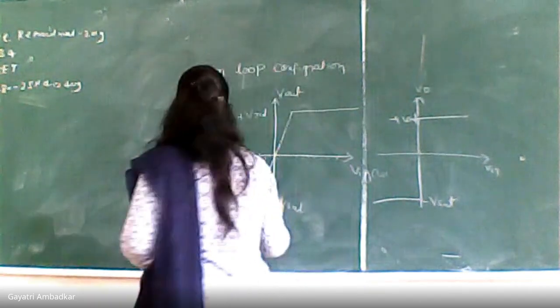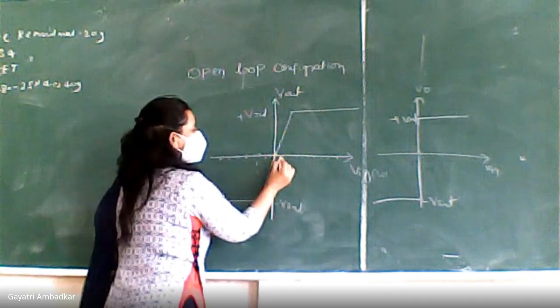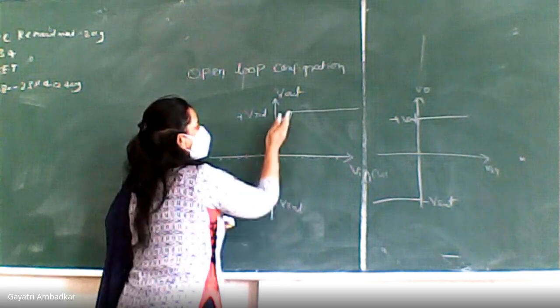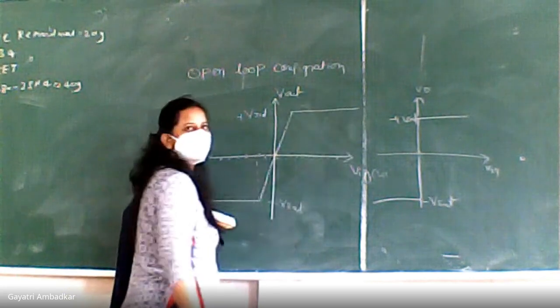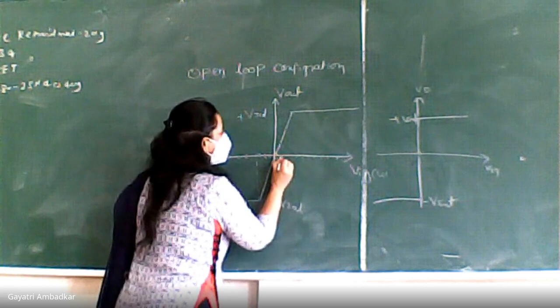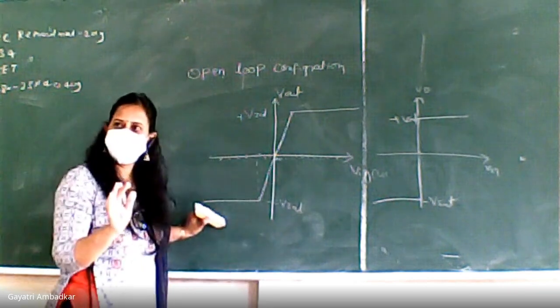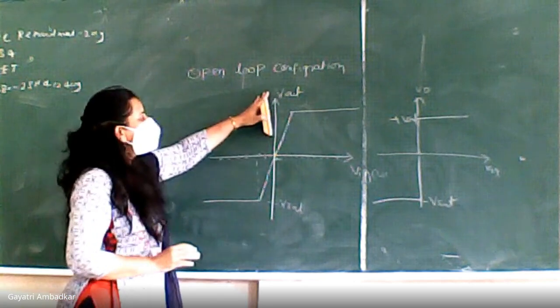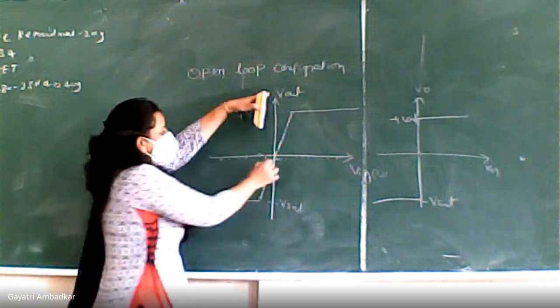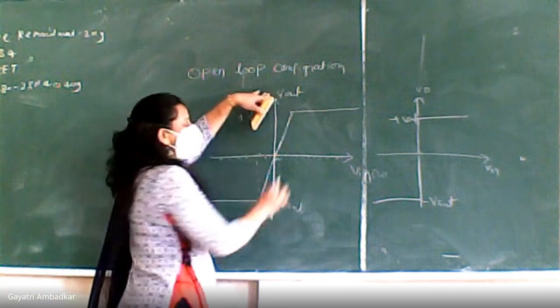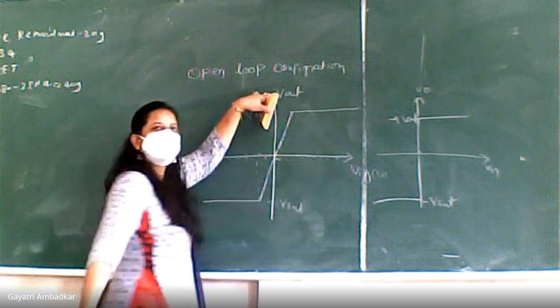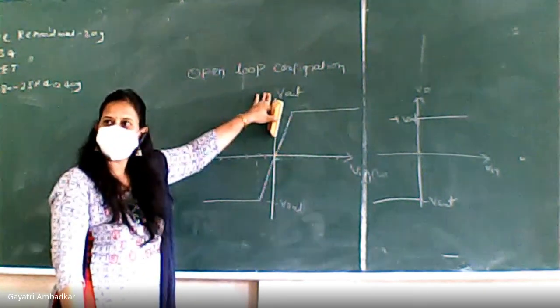But practically, it amplifies a small level of input voltage and then it becomes saturated. So you can observe that for a small value of input, the output voltage is increasing linearly. On this axis we are showing output. For small input, output increases, but immediately it becomes saturated.